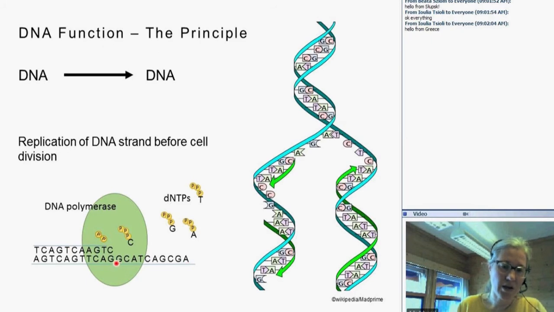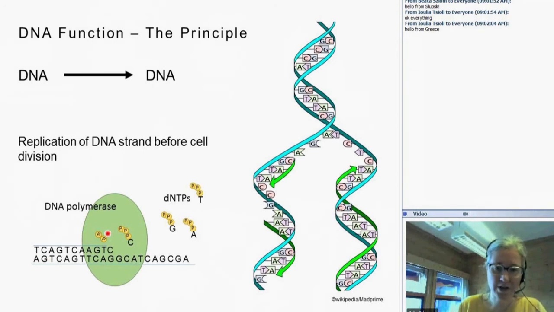So here on this place, there would be this C nucleotide, the dCTP attached to it here. And then this one would be a G, and then here a T attached to it, here an A. So you have the complementary information on the one hand side of the DNA.